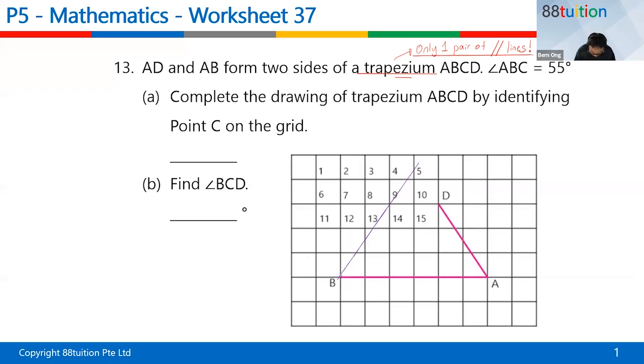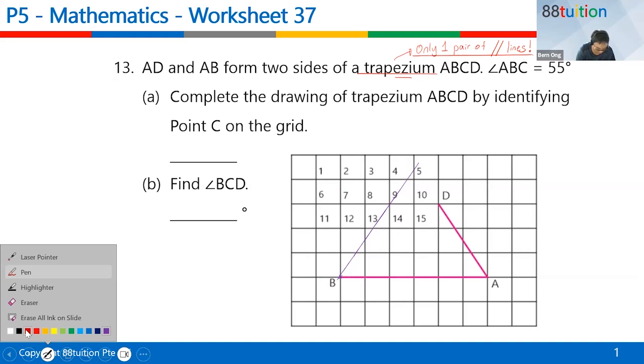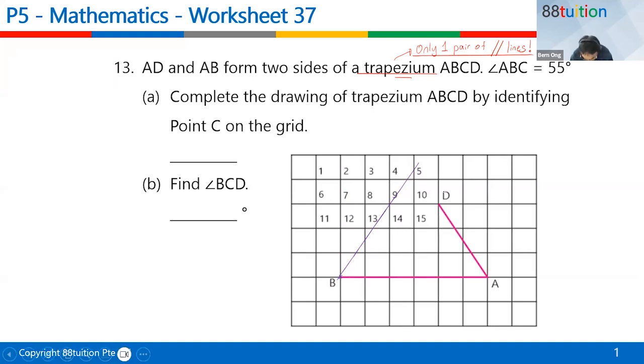So your line will be along there. They say it's a trapezium, one pair of parallel lines. Obviously this purple line and AD cannot be parallel, so the only parallel line I can draw is with this one, here and here.